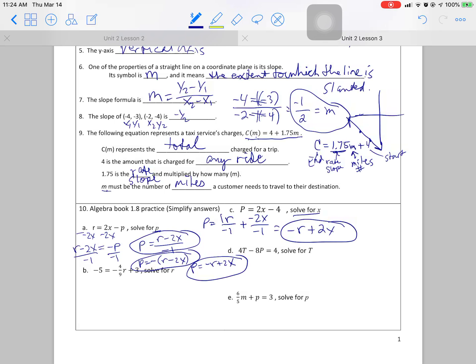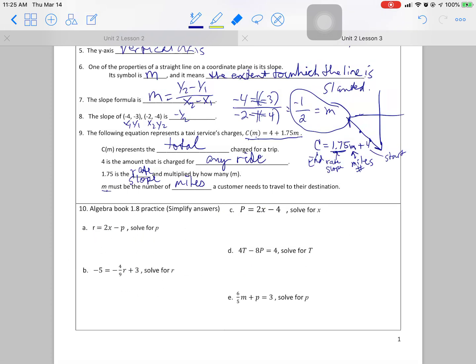In fact, let me do that over. Let's just start doing things. I know we were kind of doing them for expedience sake before, but let's follow this through how you're going to use it with this chapter. So let's see, we move the 2x. There's no discussion about that. This is R minus 2x equals negative P. Need to divide by negative 1.